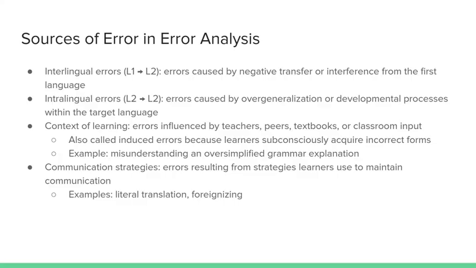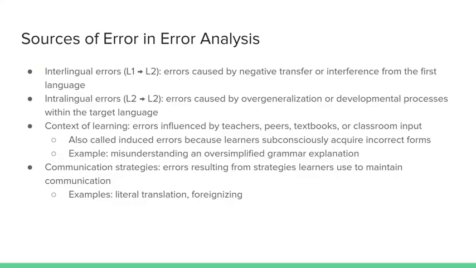In those cases, that would be what we call induced errors, where your errors are induced from other people. For example, you might misunderstand a concept, or when I introduce to you a grammatical concept and then you apply it differently or apply it using overgeneralization, those are all driven by the context. So that's called the context of learning, which might play a role in inducing these errors.